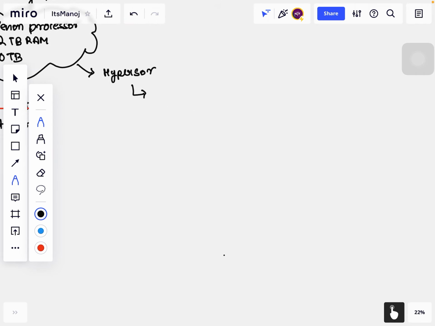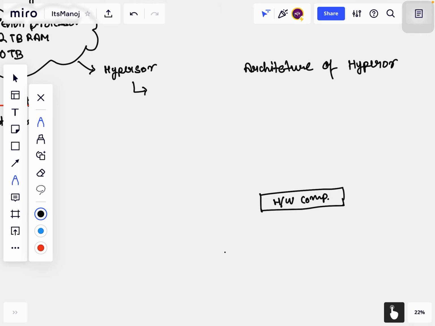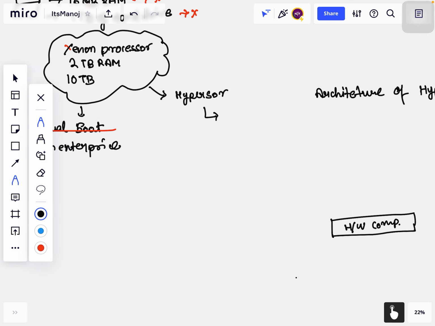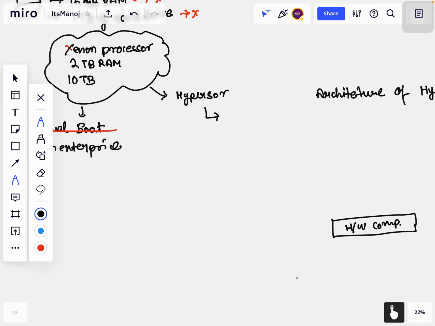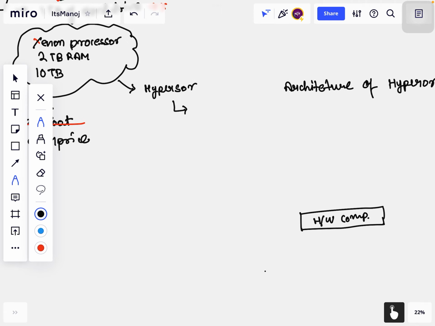So what is the architecture of the hypervisor? Let's understand the architecture of a hypervisor. At the base we have the hardware component, with specifications like a Xeon processor, 2 TB RAM and 10 TB hard drive.